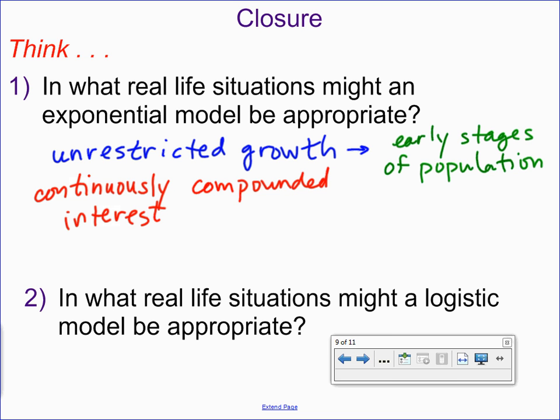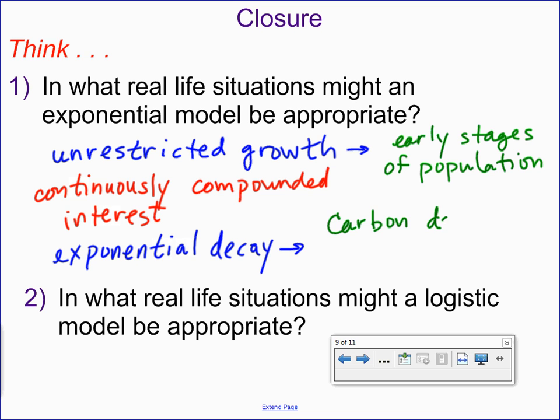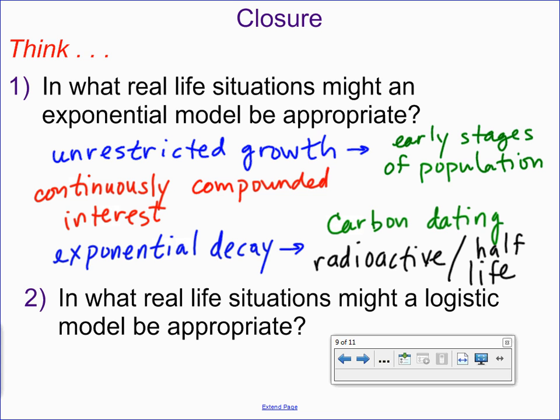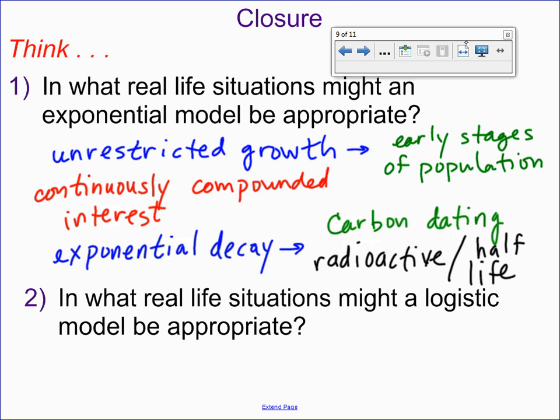So that's exponential decay, like any of those radioactive half-life type problems. Okay, thanks, that's a lot, and there's more.